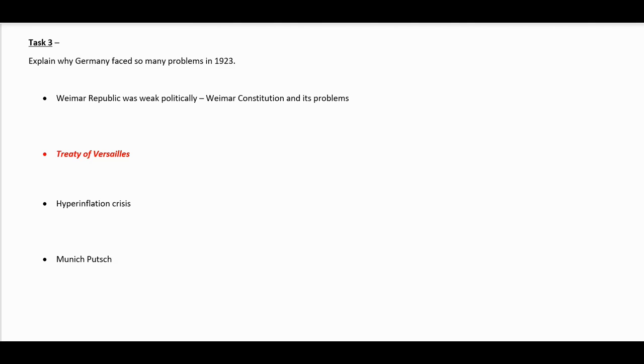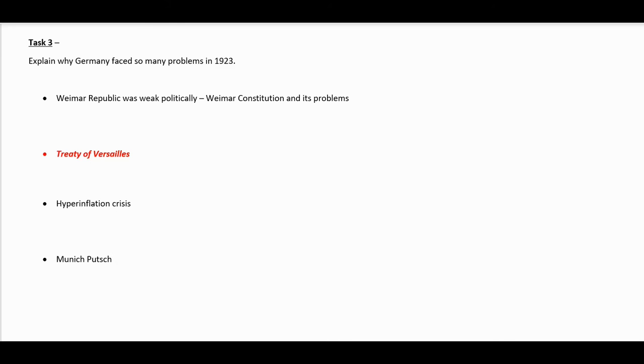So we could argue that the reason Germany faced so many problems in 1923 was the Treaty of Versailles, but not the Treaty of Versailles solely. However, the thing that bound the different problems together was the feeling that the government had not dealt with the problems of the Treaty of Versailles successfully.